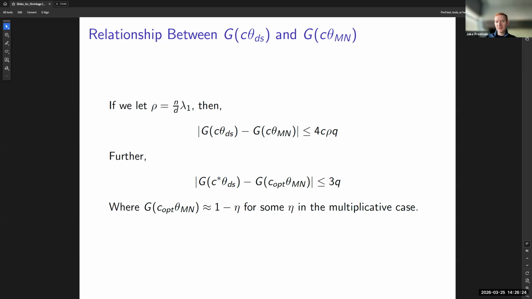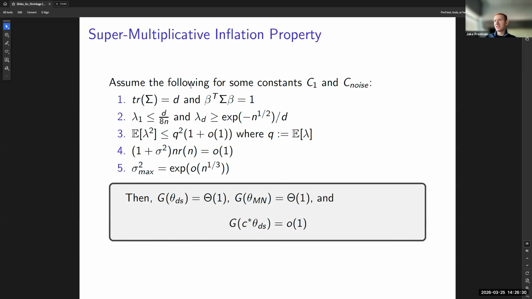And so from there, what we can also see is that with this in mind, we can in fact obtain almost a rate improvement, where our generalization error is order 1, but our optimally scaled generalization error with this data splitting estimator is little o of 1.